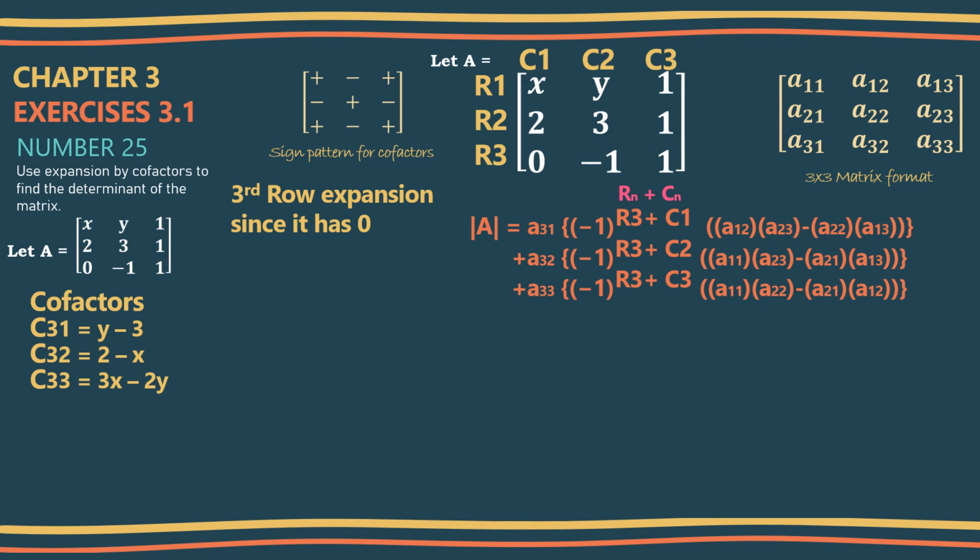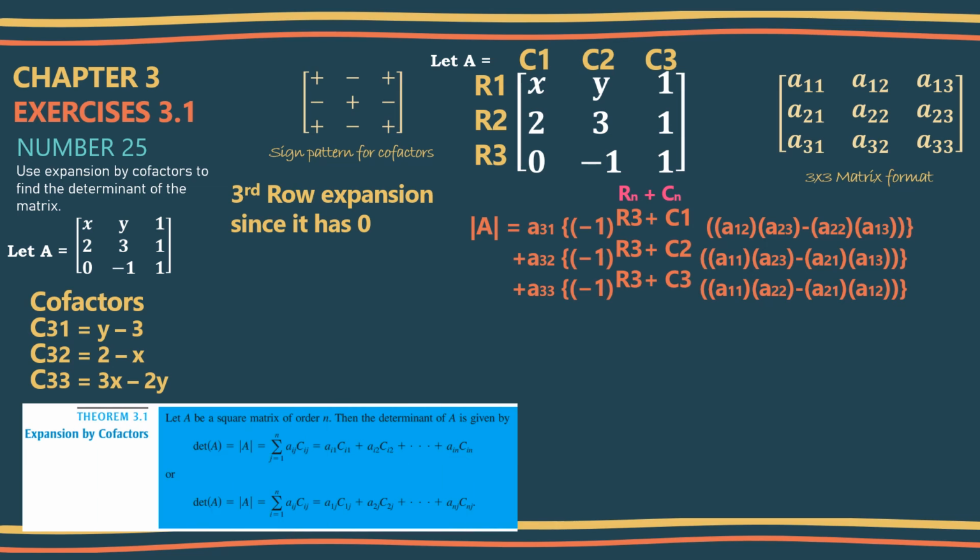Now that we are finished expanding the cofactors of the row 3 of the matrix A, we have y minus 3, 2 minus x, and 3x minus 2y. To get the determinant, which is the number 25 is looking for, we use this formula according to the theorem 3.1, the expansion of cofactors.